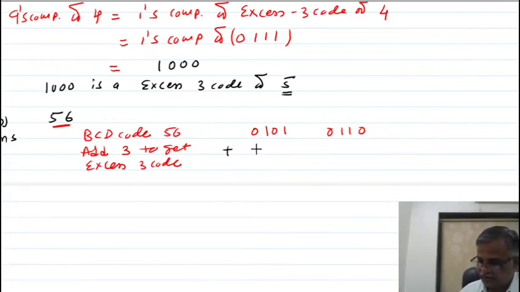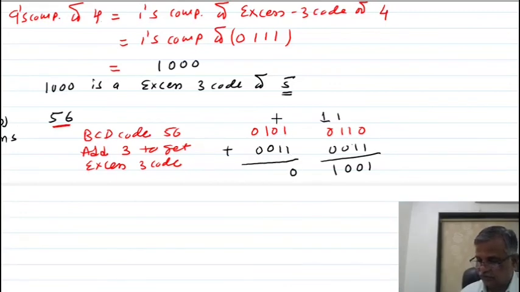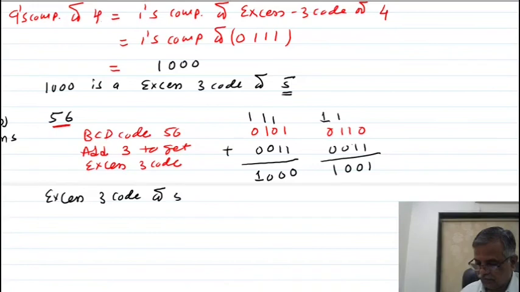So I am adding this 0011 0011. 1 plus 1 is your 10, 0 carries 1, this 0 carries 1, 1. Now this is your 0 carries 1, 0 carries 1, 0 carries 1. So this is XS3 code of 56 is equal to 1000 1001.